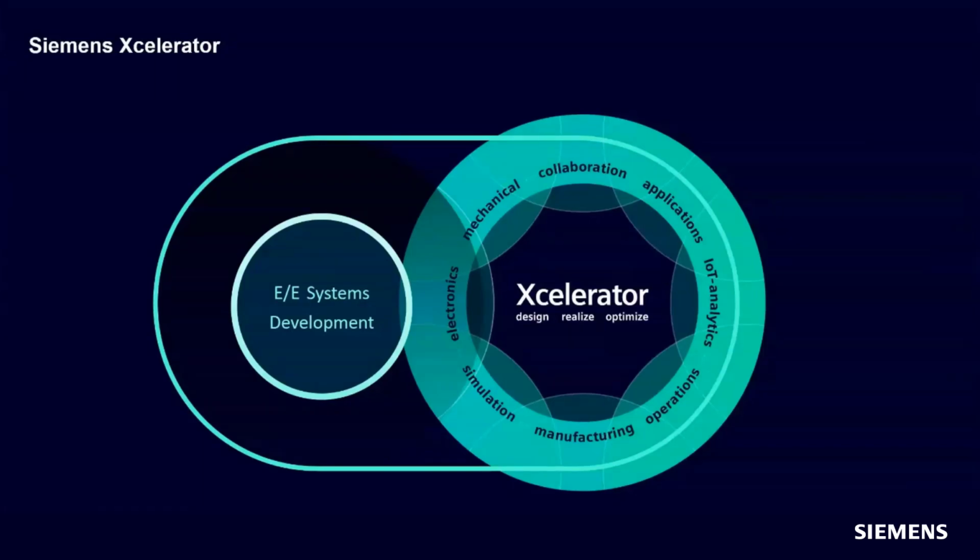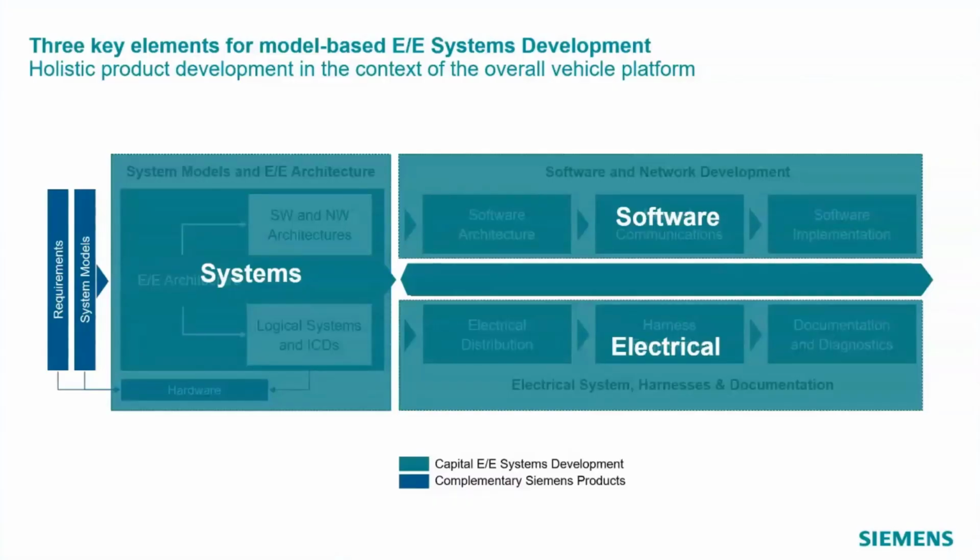So, at a high level, in EE systems development, there are three main areas you can divide it into. The first stage, the system architecture on the left there, is refined from early modeling inputs, enhanced with additional data and artifacts needed to optimize the EE design proposals, and then fed downstream into two tracks: one implementing the electrical interconnect system, and the other implementing the software functions and associated networks.